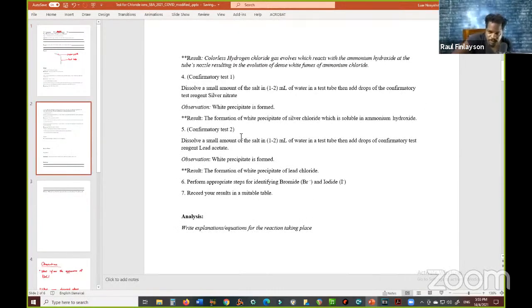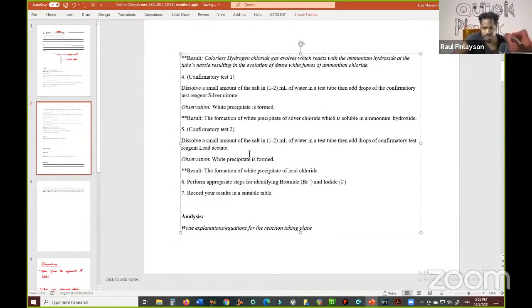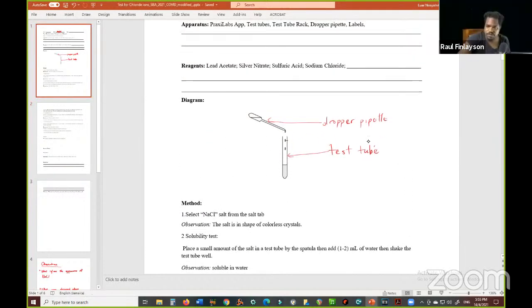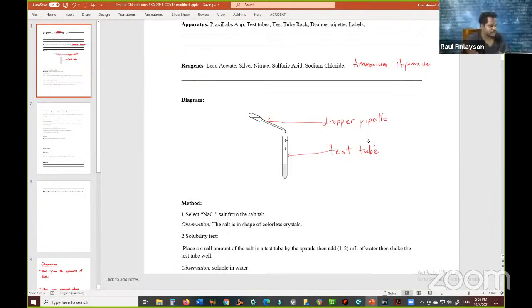Method now, we went through the method. I think we reached up to about, was it 5? Yeah, and ammonium hydroxide was one of the reagents. Did we put that up here? No, ammonium hydroxide. And I want to point out here that I think I made an error when I said that when you add the sulfuric acid to the salt, we got chlorine, but it's not chlorine, it's actually hydrogen chloride.